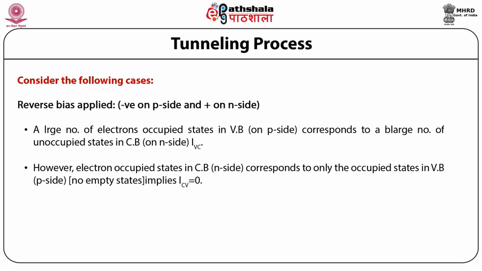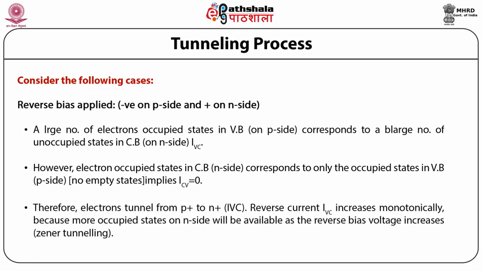Therefore, electrons tunnel from P plus to N plus, giving IVC, and the reverse current IVC increases monotonically because more occupied states on the N side become available as the reverse bias voltage increases. So this phenomenon is referred to as Zener tunneling.